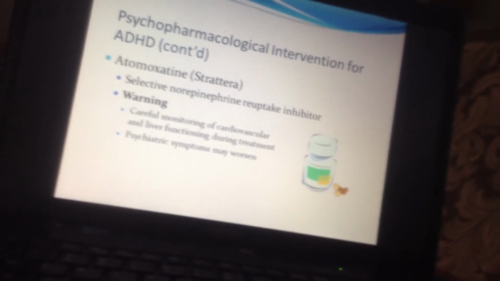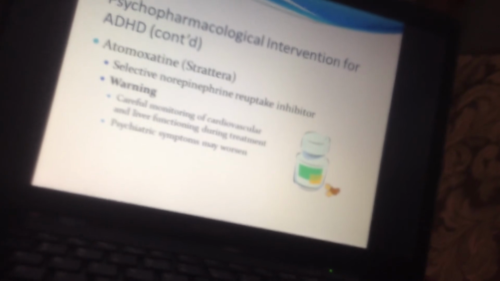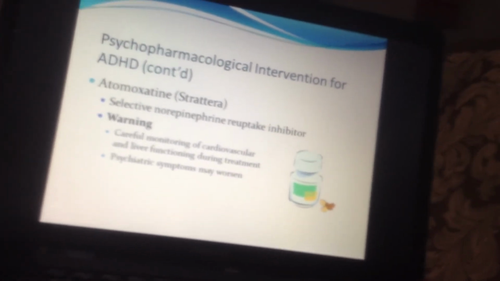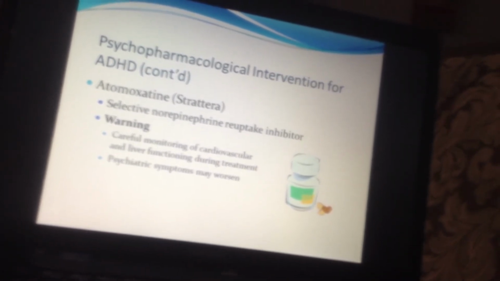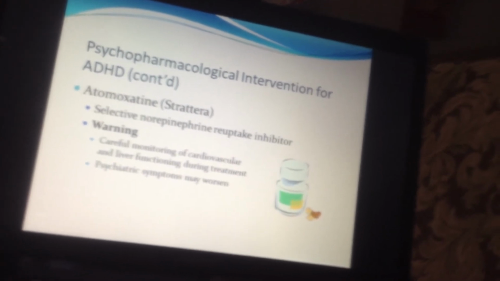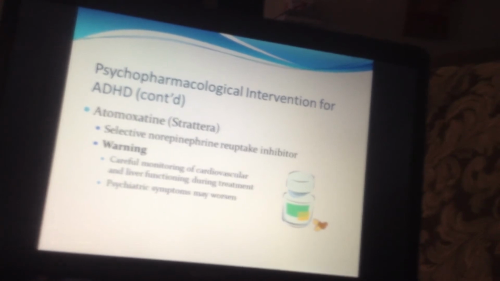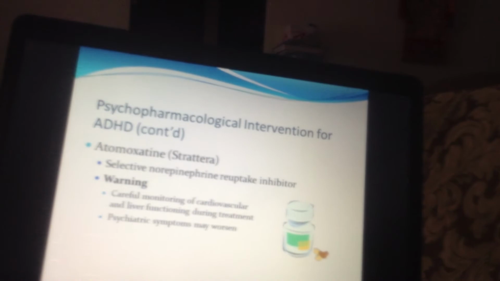So you may want to educate your client and let the family know that the symptoms may actually worsen before they start to get better. Now, some of the side effects are headache, nausea, vomiting, decreased appetite, dry mouth, weight loss, insomnia, and increased blood pressure and heart rate with Strattera.